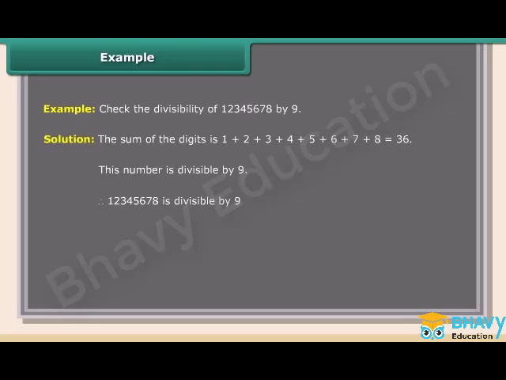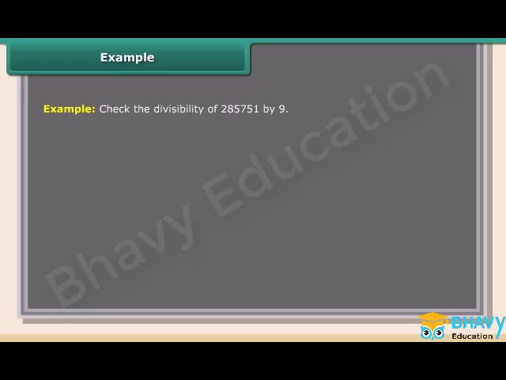Therefore, 12345678 is divisible by 9. 12345678 upon 9 is equal to 1371742.